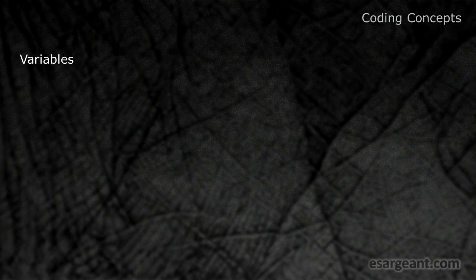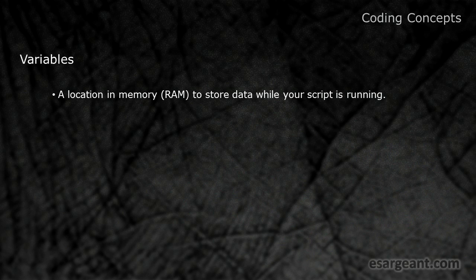Okay, so with a basic example out the way, let's step back a bit and talk about some programming concepts. The first thing I want to introduce you to is the idea of variables. Now, you've already heard me mention this, but what is a variable? Quite simply, it's a location in memory, or your random access memory, your RAM, where you store data while your script is running.